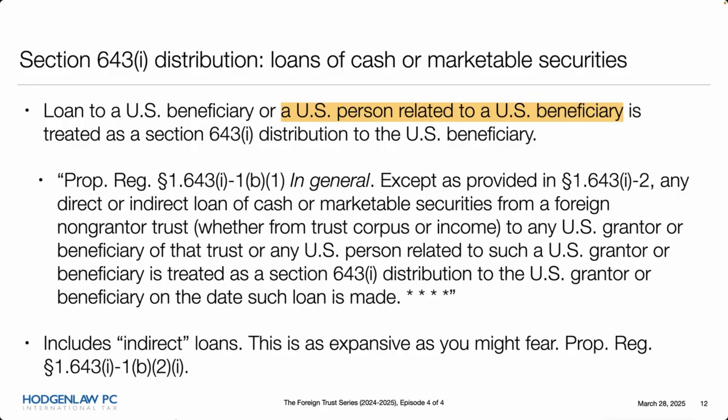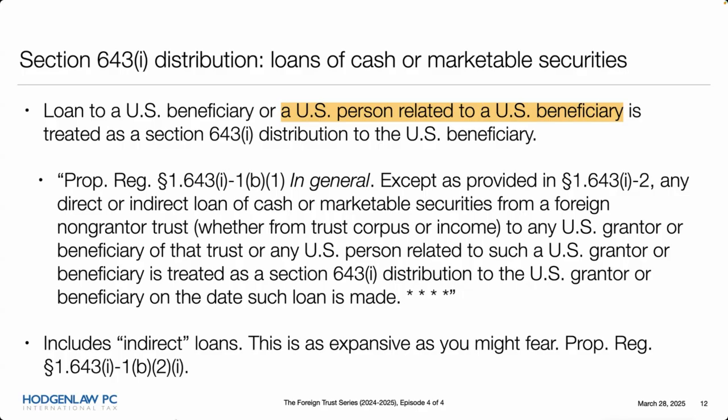So you kind of have to get into the weeds a bit and find out, did the trust in the abstract make loans to U.S. people? And if so, is that person, the borrower, related to the U.S. beneficiary? And related is the Section 267 rules that we all know and love. So it's no big deal.